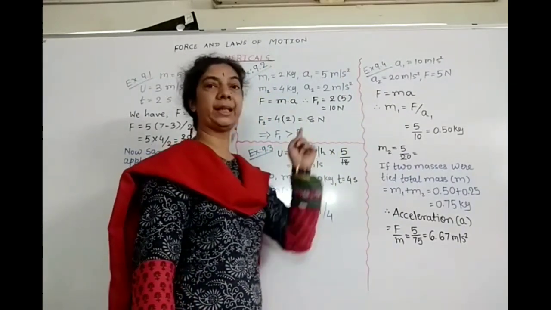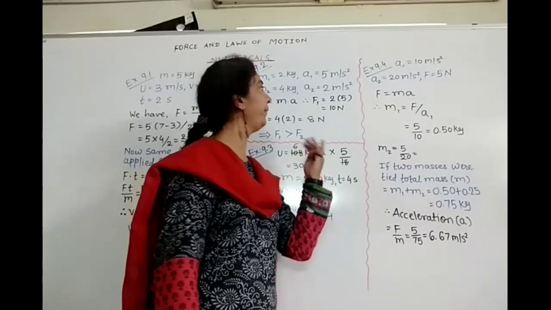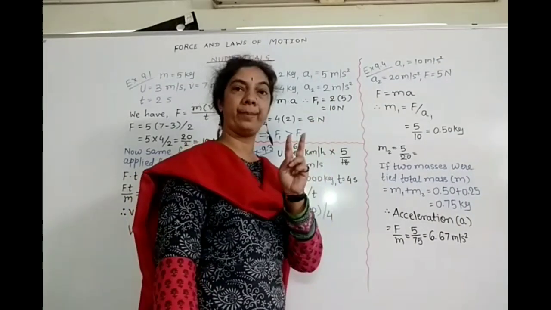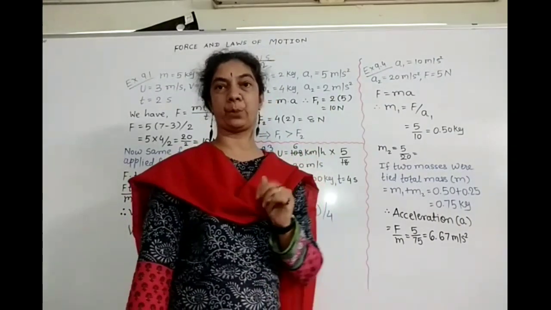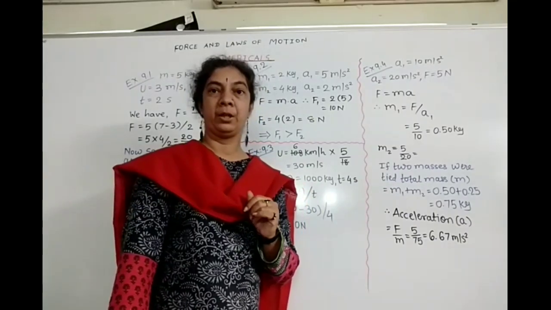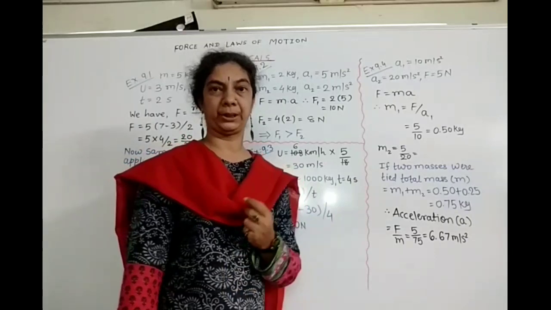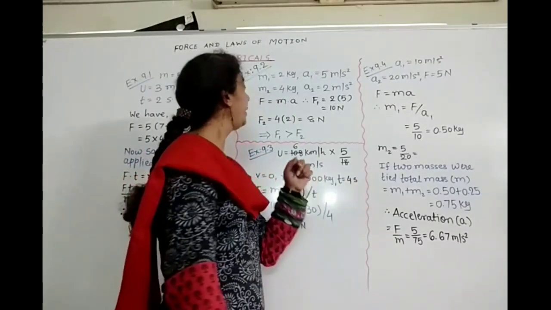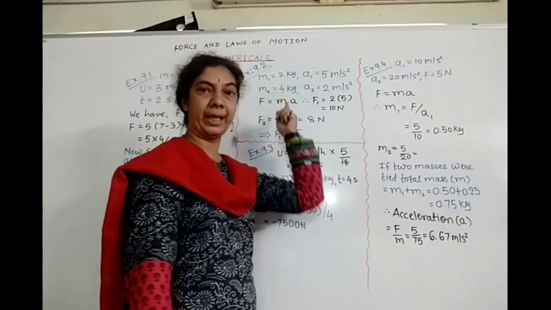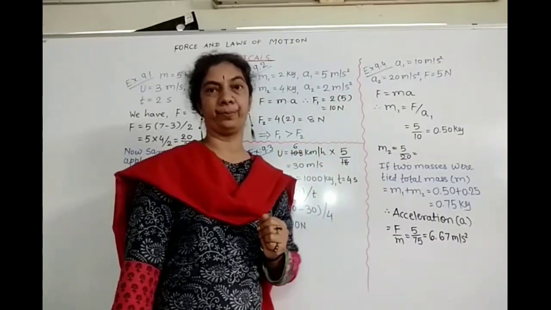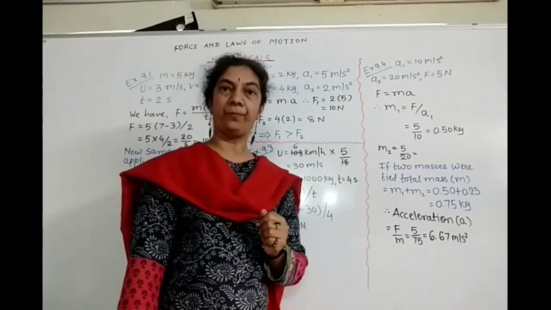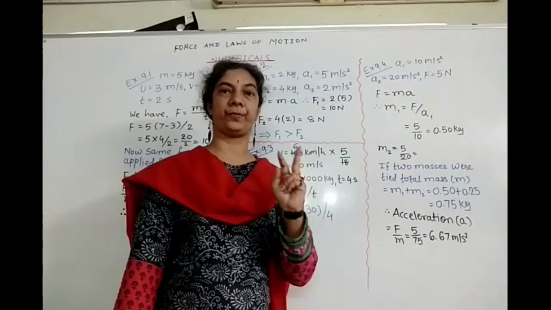Another object is having mass 4 kg and we want to accelerate it at 2 meter per second square. In which case we will need more force? So we write the data as m1, m2 and a1, a2, and obviously we will get two values of the force.